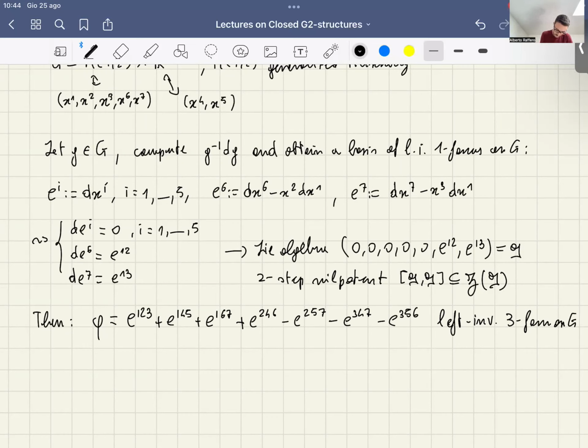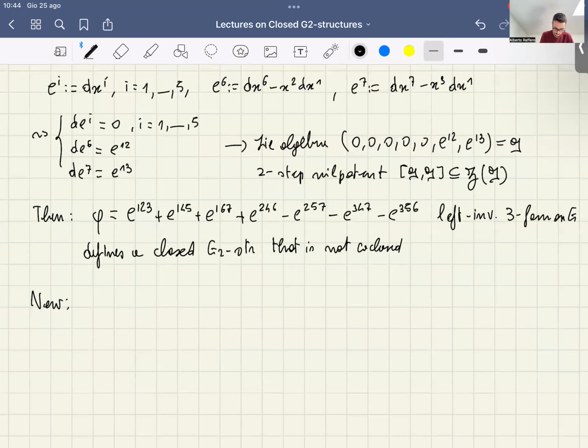And this defines a closed G2 structure that is not co-closed. So it is just a computation showing that its Hodge dual is not closed.